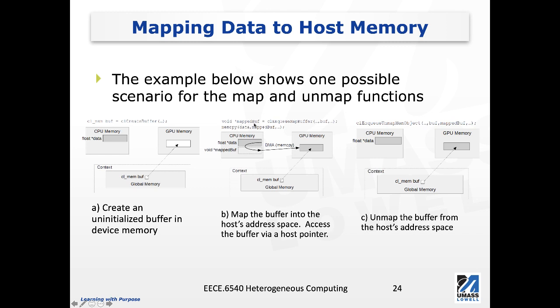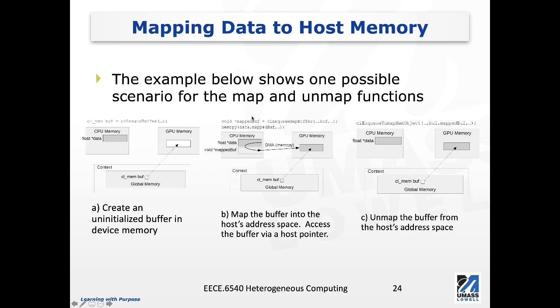And this clEnqueueMapBuffer API call will take this buffer as an argument, and this API call will return a mapped buffer. Note that this mapped buffer is just a memory pointer on the host side.